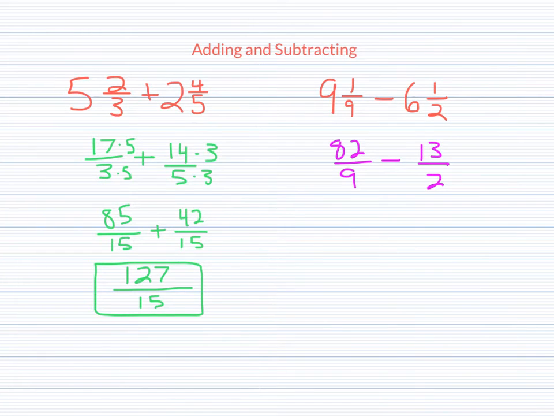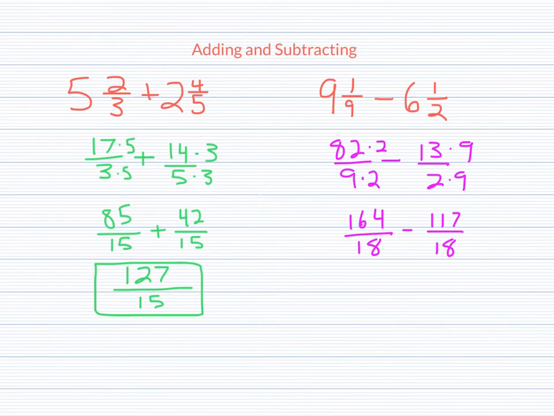This is going to be kind of tricky. We got 9 and 2, and I know those both go into 18, so I'll do 9 times 2 and 82 times 2. That will be 164/18, and 2 times 9 will give us 18 down here, so we'll have to do 13 times 9, and I know 10 times 9 is 90, 3 times 9 is 27, so that'll be 117 for our numerator.